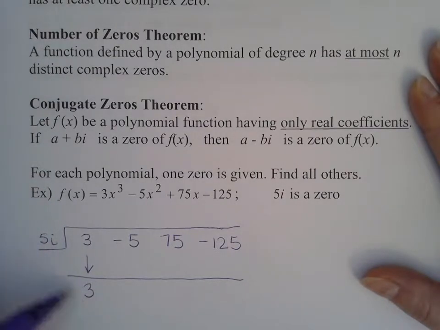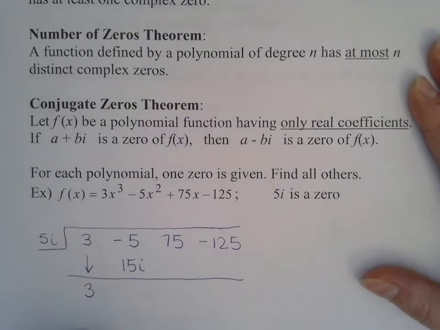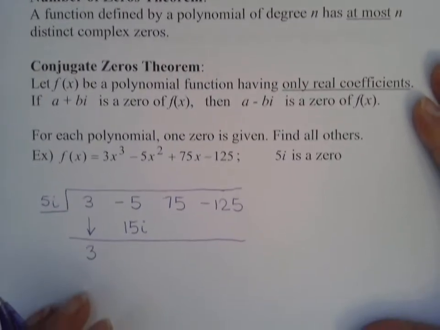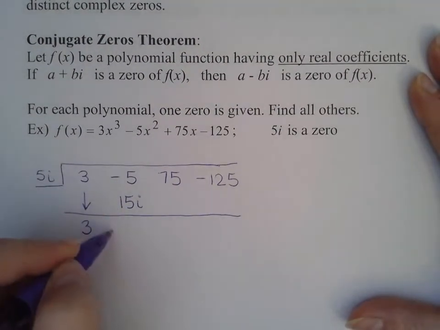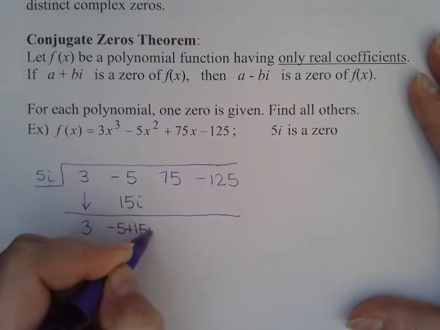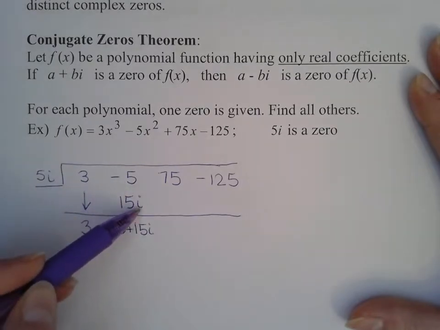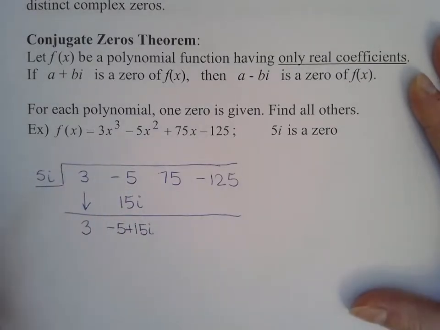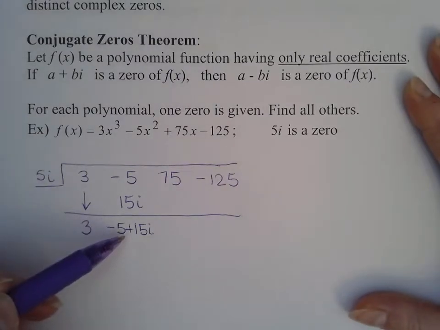And then we multiply. 3 times 5i would be 15i. So we're doing the same process, but we're using complex numbers. And then we're going to add down. This would be negative 5 plus 15i. Notice I can't really combine these two numbers because the 15 has an i attached to it and the negative 5 does not. And then I would want to multiply this by 5i.